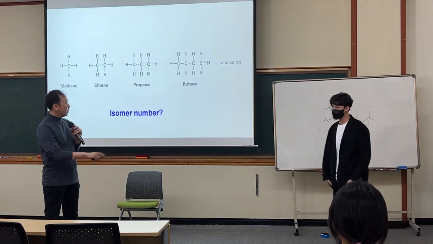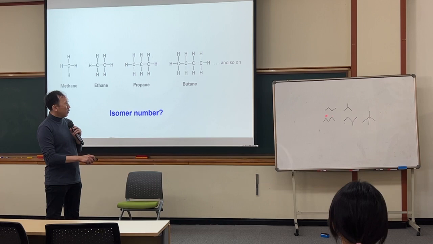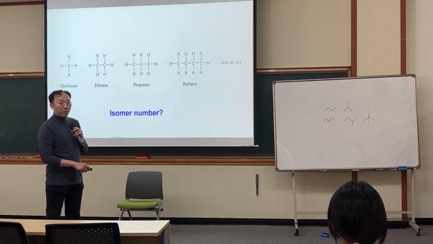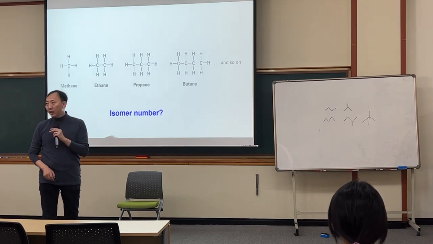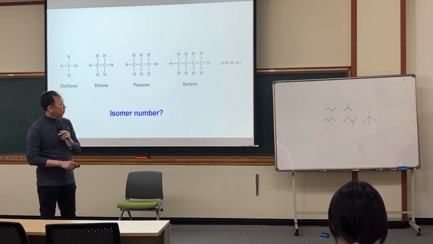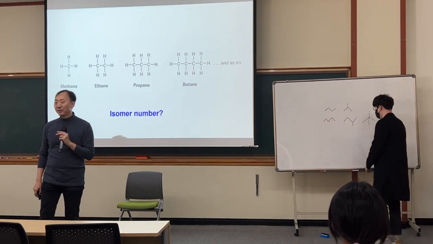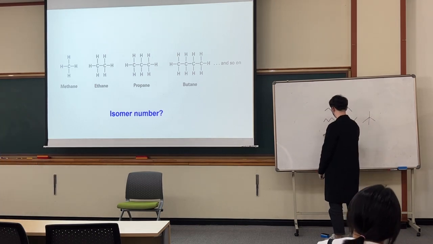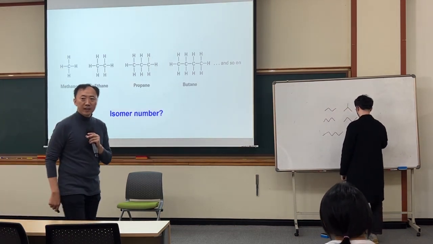So here, butane, isobutane, normal pentane, isopentane. Iso means equivalent, similar. This is neopentane, new pentane. Can you draw the isomers of hexane? Hexane has 6 carbons and C6H14.